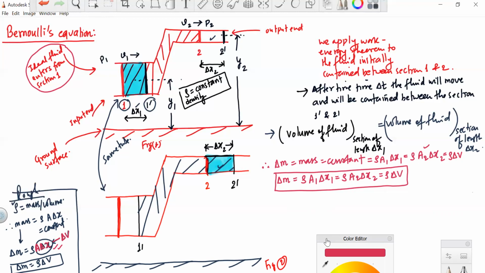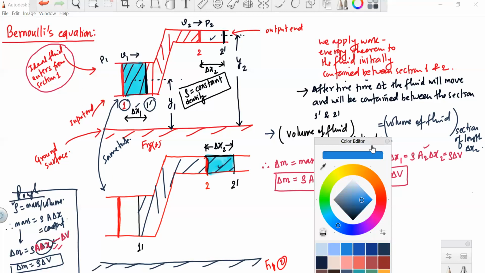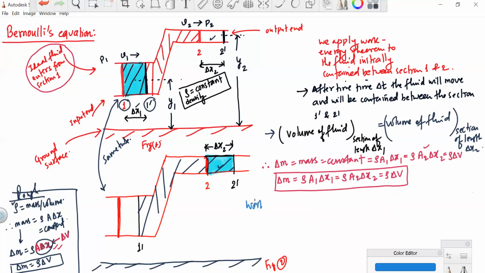So let me change the color. So what we find, work must be done to push the entering fluid, because fluid enters from this side.